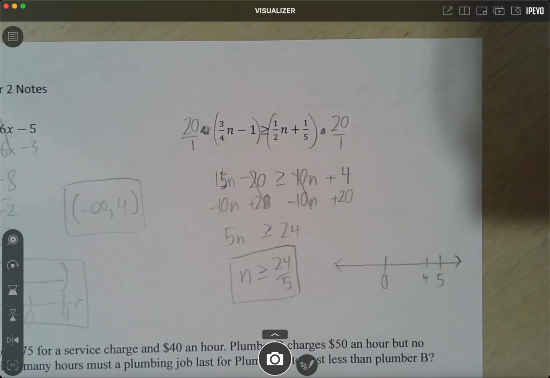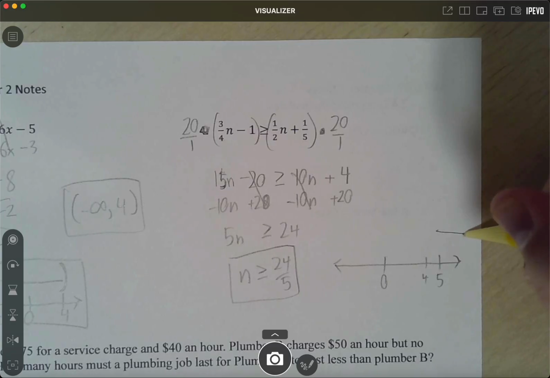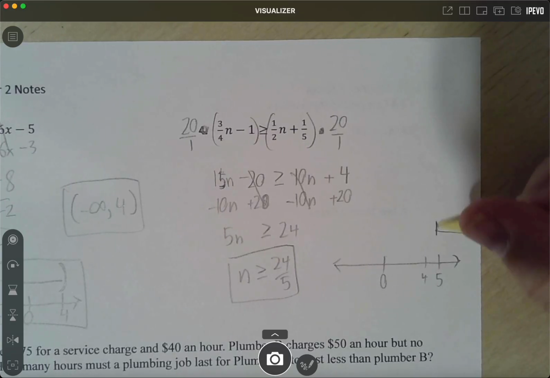So be careful when you look at those graphs. They'll probably have the scale be a little wider to see it clearly. But for this graph, I can be greater than almost 5, but I can also be equal to that value that's almost bigger than 5. So we use that square bracket.